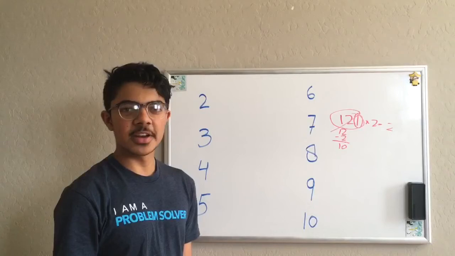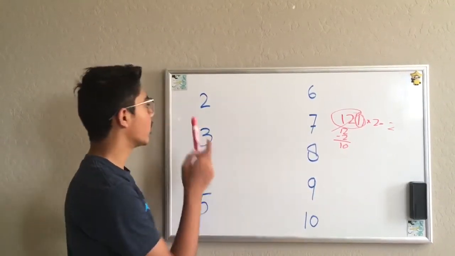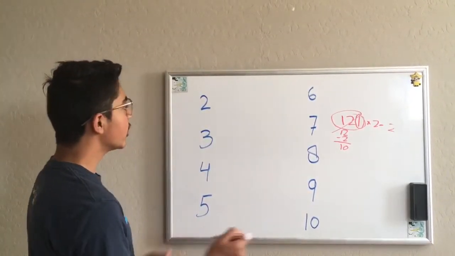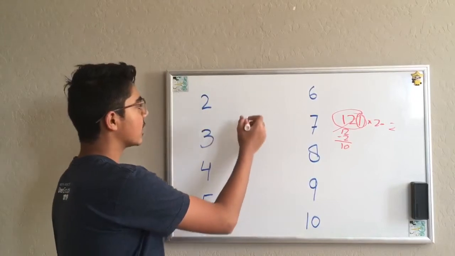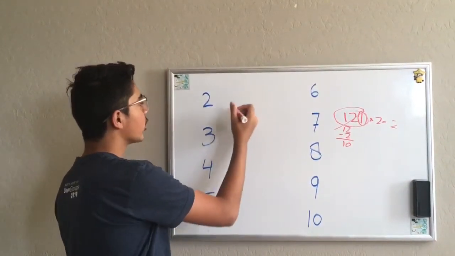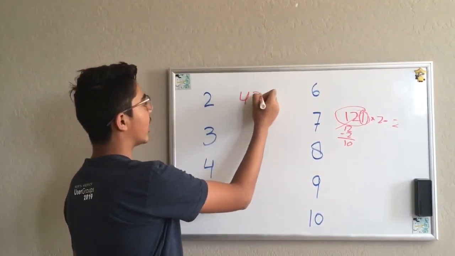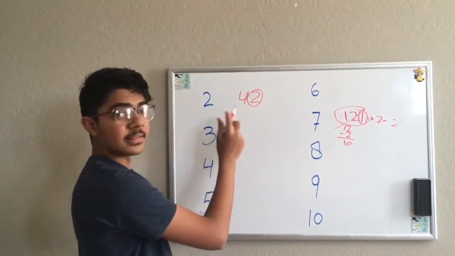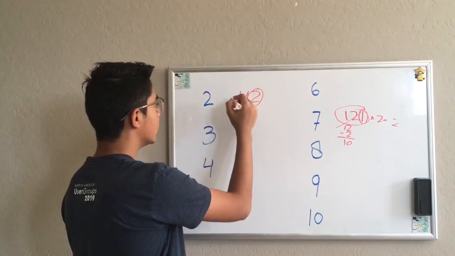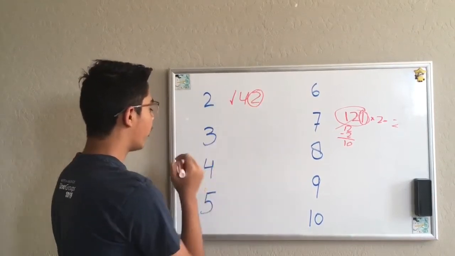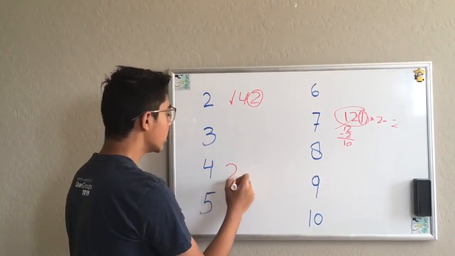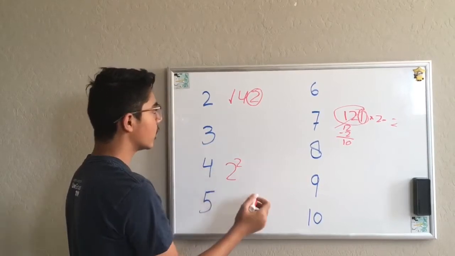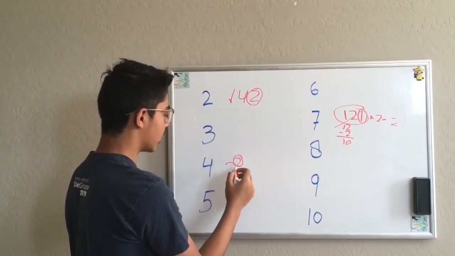Now there is also a nifty little trick for the powers of 2. So if you notice, for 2, we just looked at the last number. For example, 42. To find out if that's a multiple of 2, we look at the last number and it is even. So it is a multiple of 2. 4 can be written as 2 to the power of 2, so we look at the last 2 numbers.